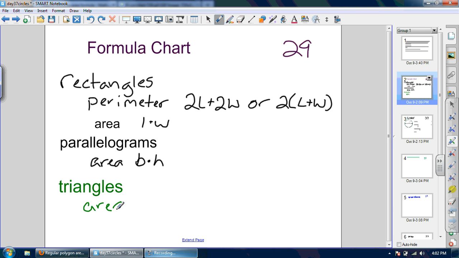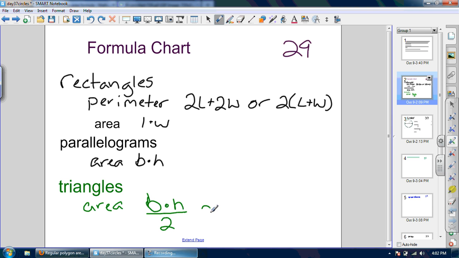Area is base times height. Actually, I don't want to change formats halfway through here, so I'll put the dot in between. Base times height. Now the difference between that and rectangles, we said we had to cut that into two pieces, so it has to be base times height divided by 2. Okay, base times height divided by 2.